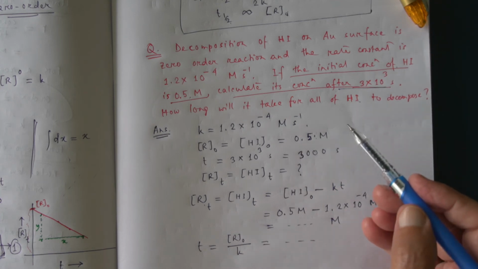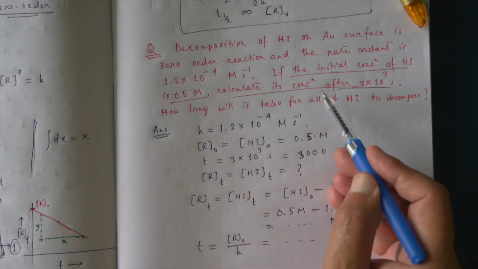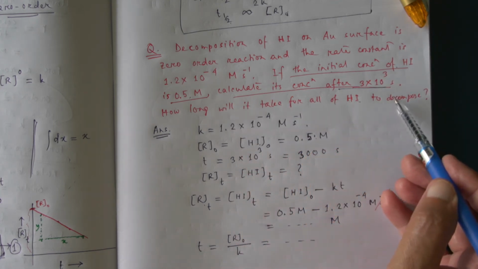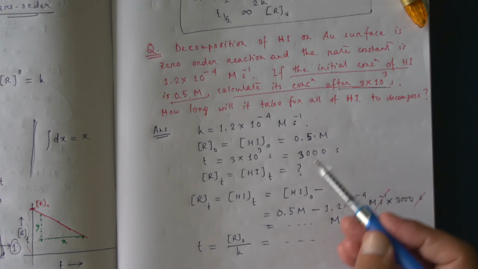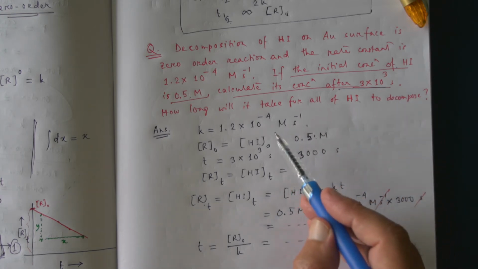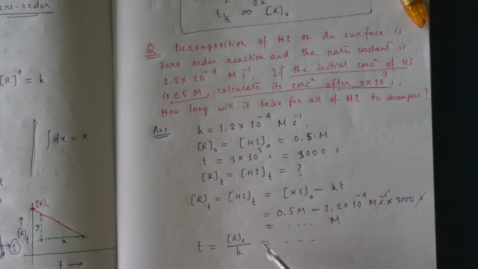All HI has to be converted into product. That means no HI will remain. Okay, you will get this. That means your R t will be 0.